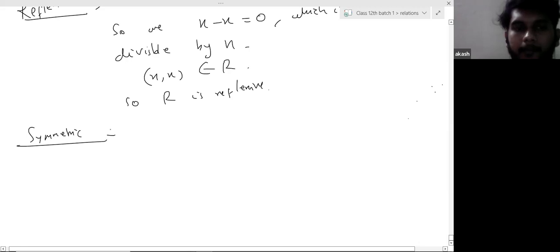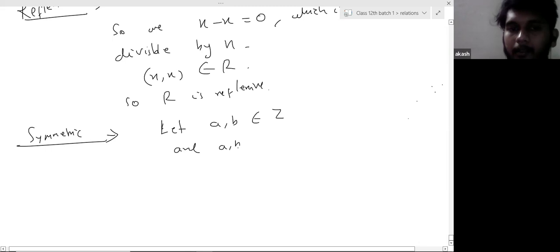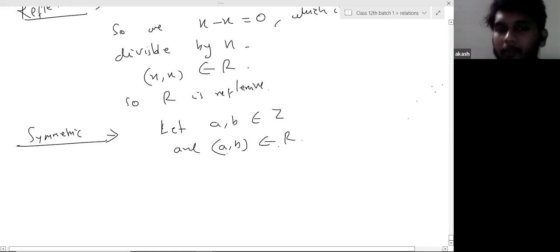Symmetric. The first step is clear. You have to always write: let (a, b) belongs to Z and (a, b) belongs to R. Now if (a, b) belongs to R, that means a minus b is divisible by n.